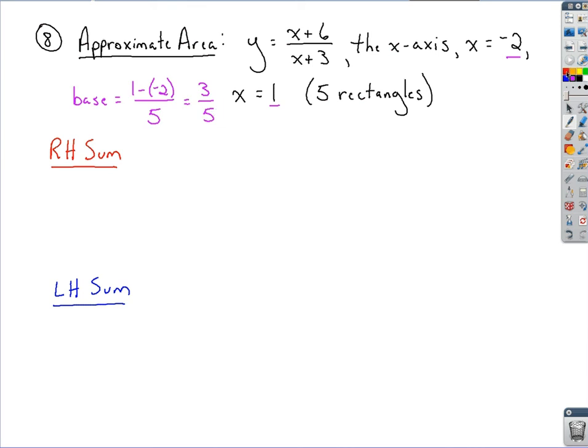To set up a right-hand sum, we let our area equal our base of 3/5, or 0.6, times the sum of 5 function values, since we're dealing with 5 rectangles.